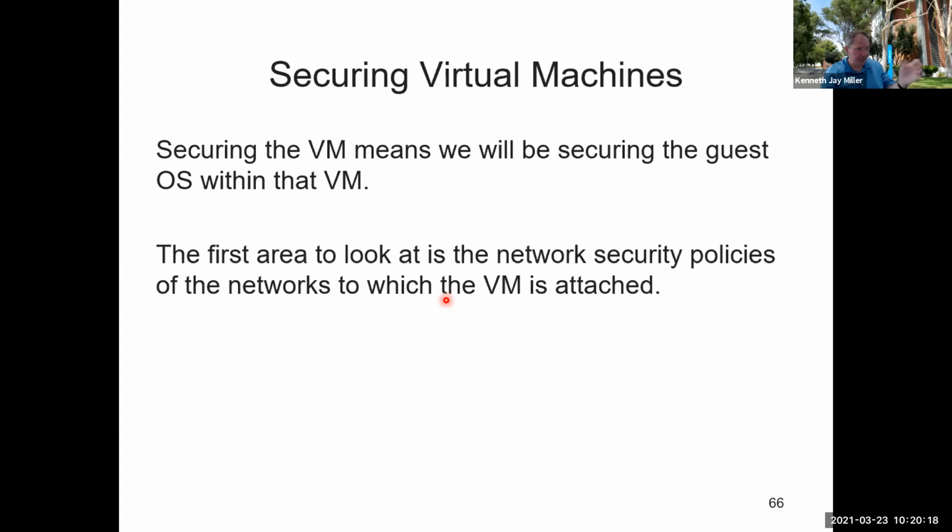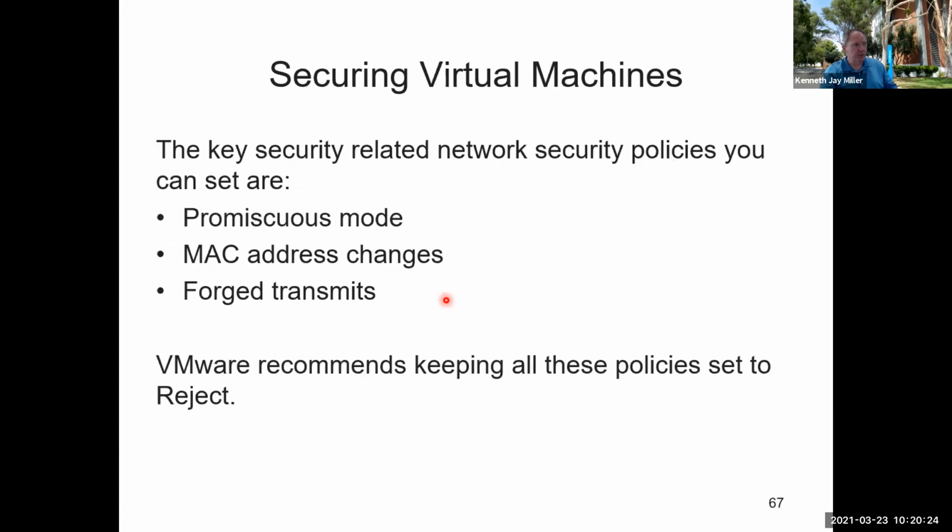So the first area to look at is the network security policies of the network to which the VM is attached. The key security settings for that would be the promiscuous mode, which means the network will respond to anybody. The MAC address changes, right?